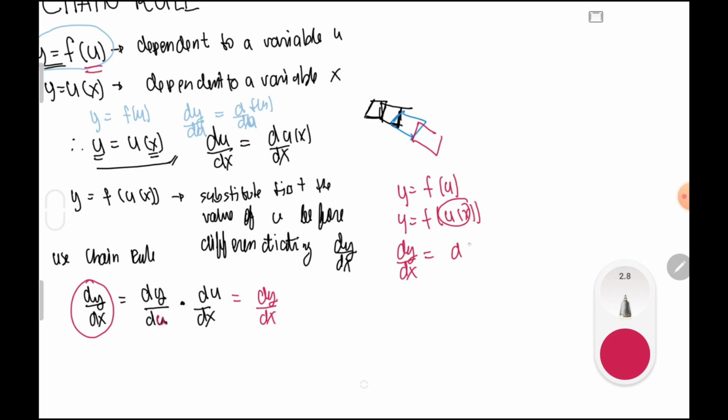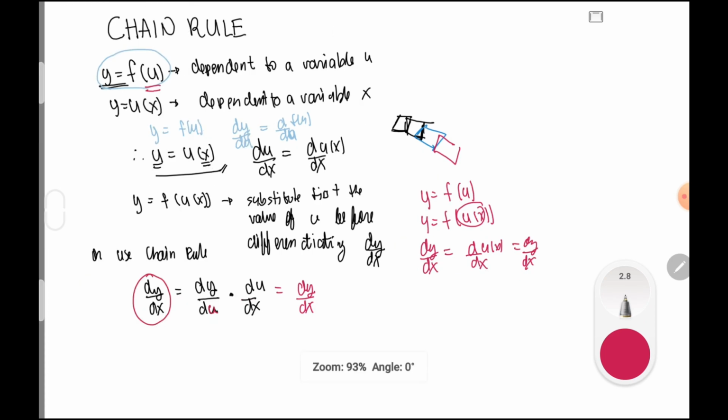But probably, may mga solution kasi na pag nag-substitute ka ng value ng x agad before or not using your chain rule, mas mapapahaba yung equation mo. So that's why we have our chain rule, which is also equal to dy over dx.